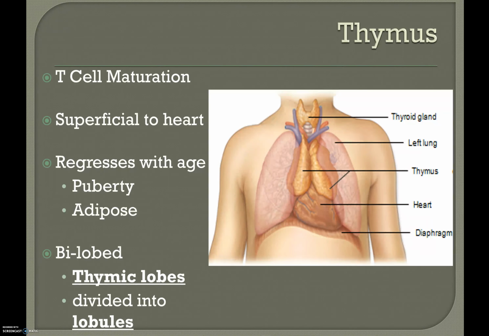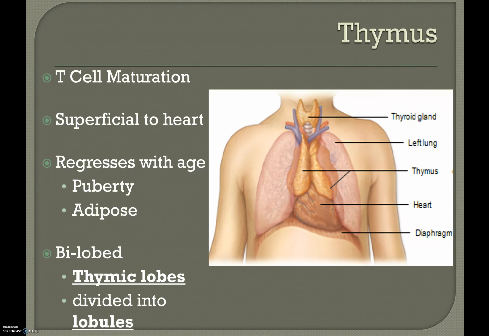Thymus is the site of T cell maturation. In this picture, first we see the heart. Superficial to the heart, do you see the yellowish-orange bilobed structure? That is the thymus. Now, the thymus sits on top of the heart and it helps in T cell maturation.